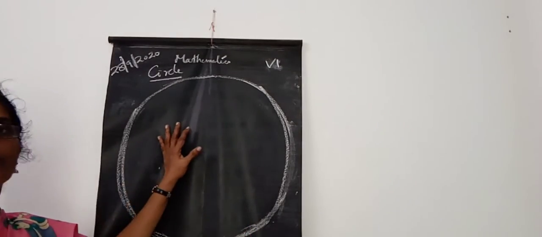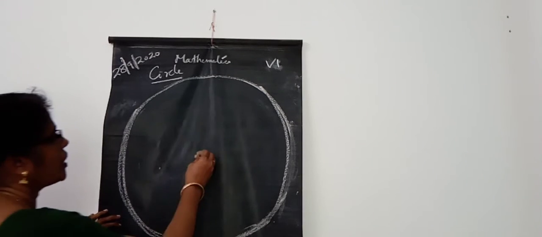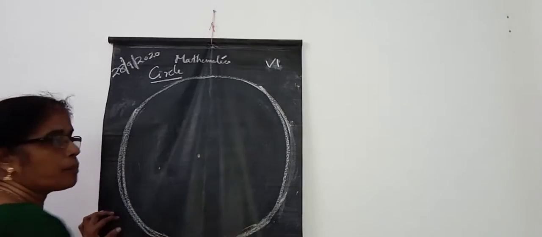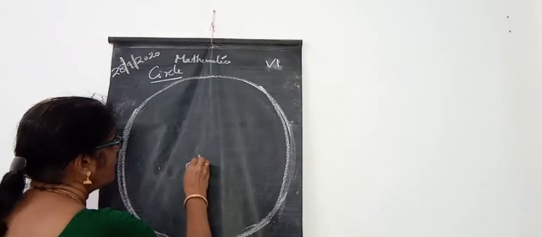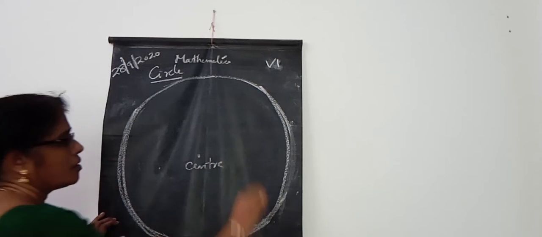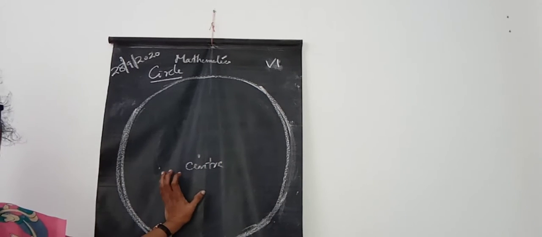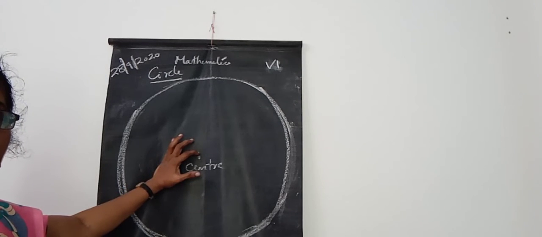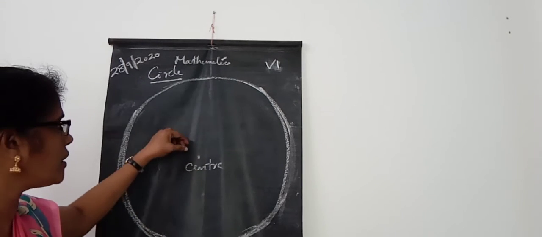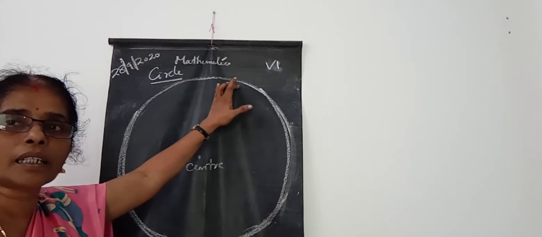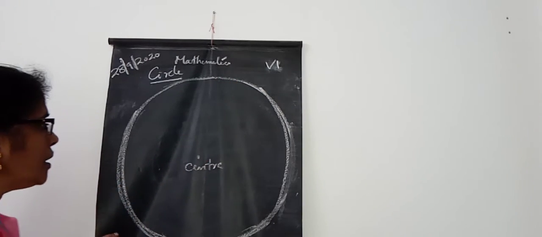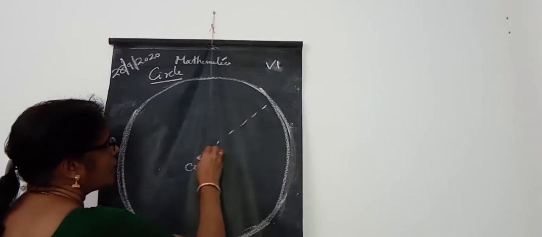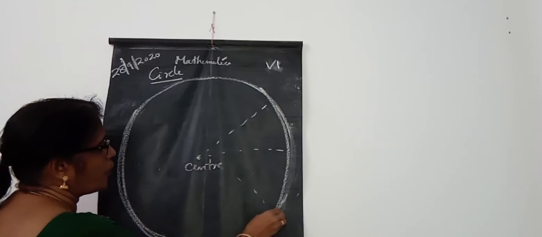Look at this, children. In this, you can see the center. What is this, children? This point is the center. In the middle you can see the center, and the distance from this center to the circle is equal.